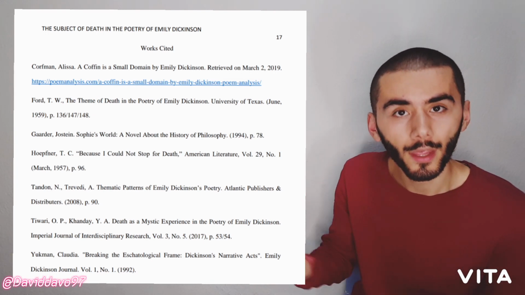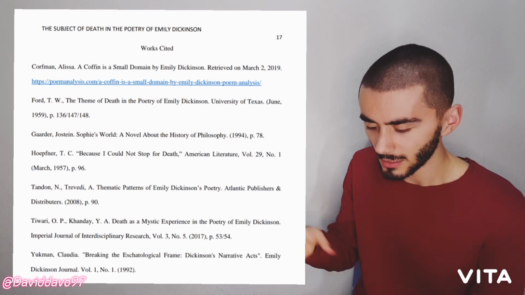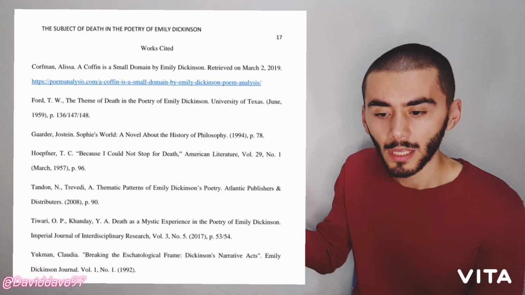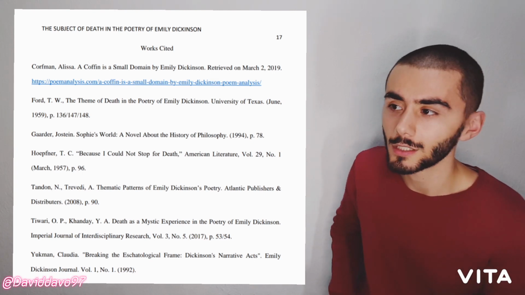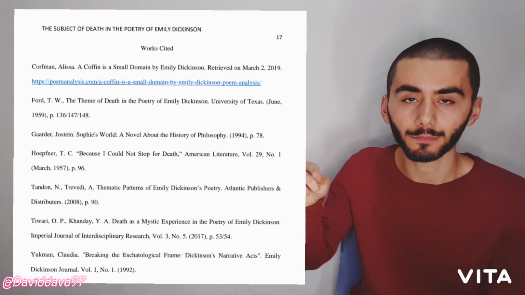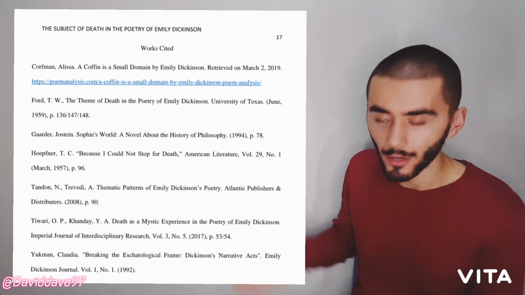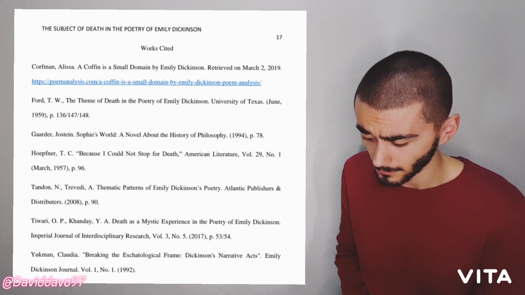Because when you have more than three or four, and sometimes up to 20 authors, you simply mention the first name, the second name, and then it could easily be written as et al., which means and other unmentioned authors.